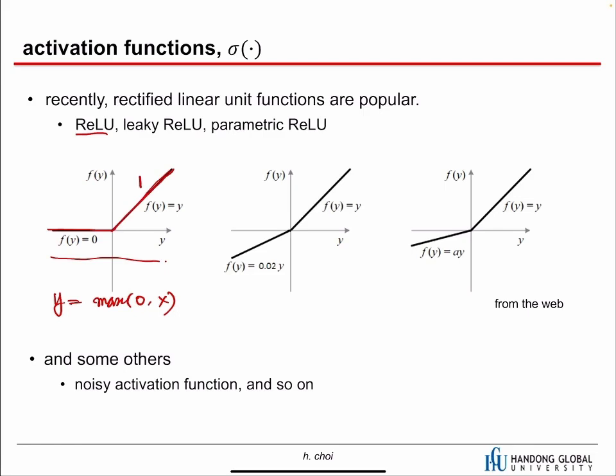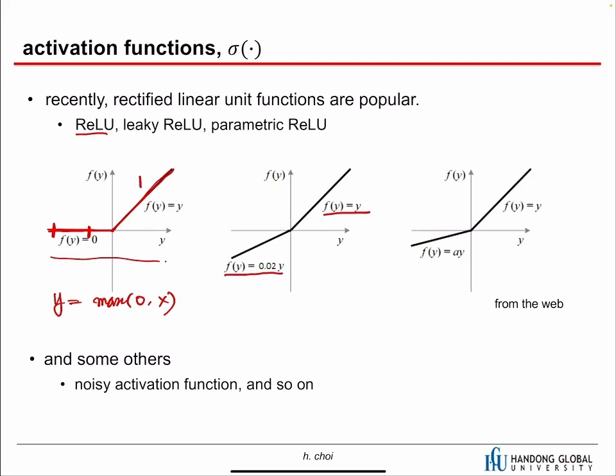And this one is a leaky ReLU. Leaky ReLU is a little modification of ReLU because in this ReLU, if the input is negative, then the output is 0. Then there is no difference between this one and this one at all. So the leaky ReLU says, why don't we have a little difference here? So instead of zero for the negative area, why don't we have a slight slope here?